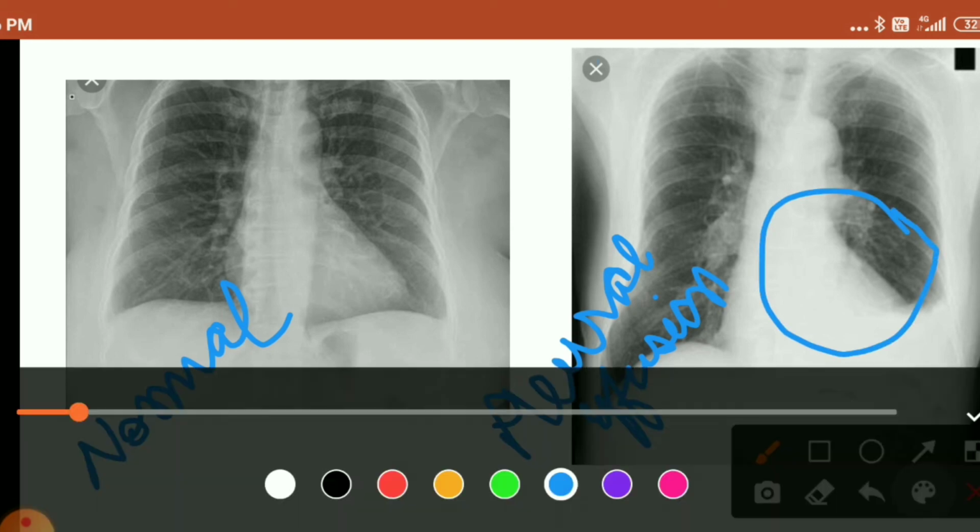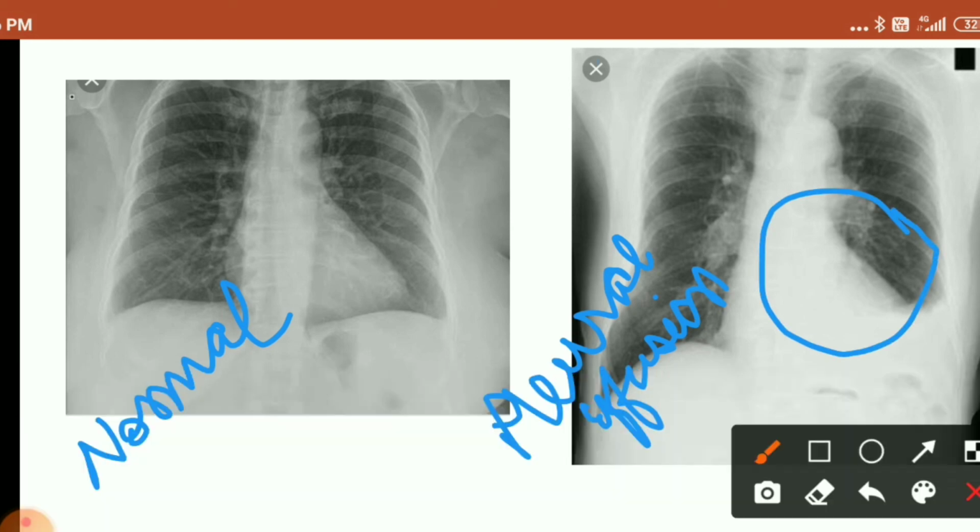So what is the cause of this radio opacity? This radio opacity is caused by the accumulation of fluid in this pleural cavity. So we can diagnose pleural effusion with radiographs in this manner.